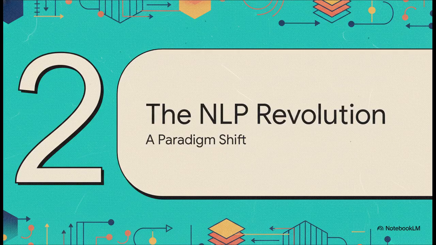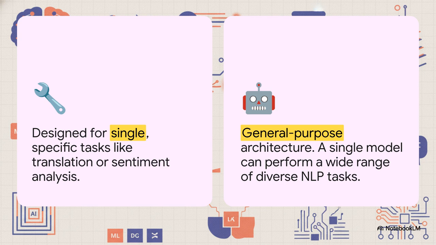Okay, so they're huge, we've established that. But how did that size actually change the game for natural language processing, or NLP? Well, it all has to do with a big shift from specialized models to ones that can do almost anything. This right here is the key difference. Before LLMs, NLP was all about single tasking.